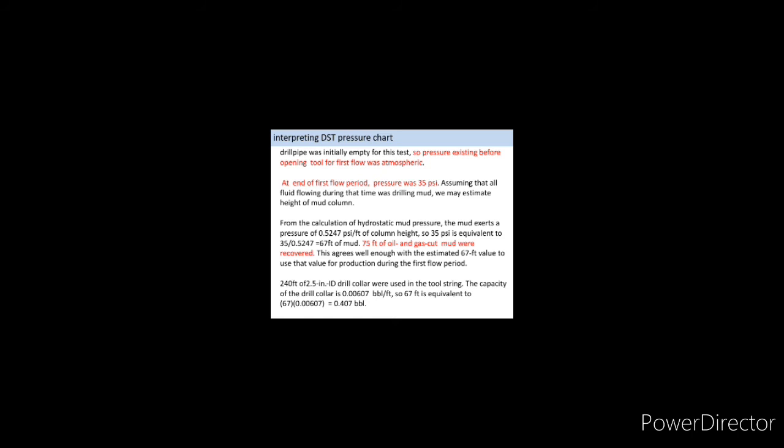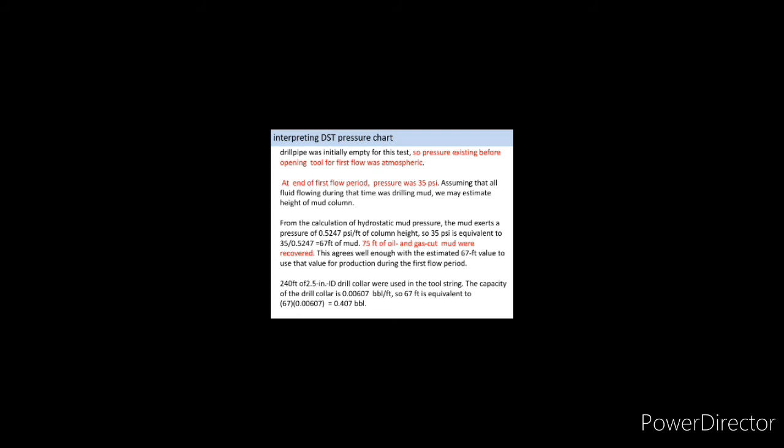Assuming that all fluid flowing during the time was drilling mud, we may estimate the height of the mud column from calculation of hydrostatic mud pressure. The mud exerts a pressure of 0.5247 psi per feet of column height. So 35 psi is equivalent to 67 feet of mud.